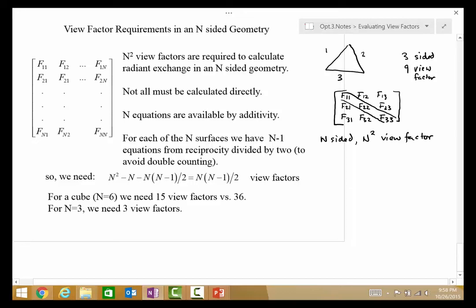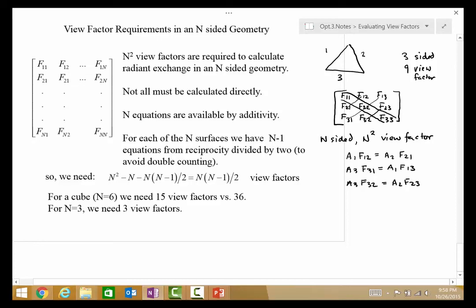Reciprocity doesn't have anything to do with the diagonal terms, but it says, for example, that A1 F12 is equal to A2 F21, A3 F31 is equal to A1 F13, and A3 F32 is equal to A2 F23. So these are the reciprocity relationships. Notice that these are all tied across the diagonal.